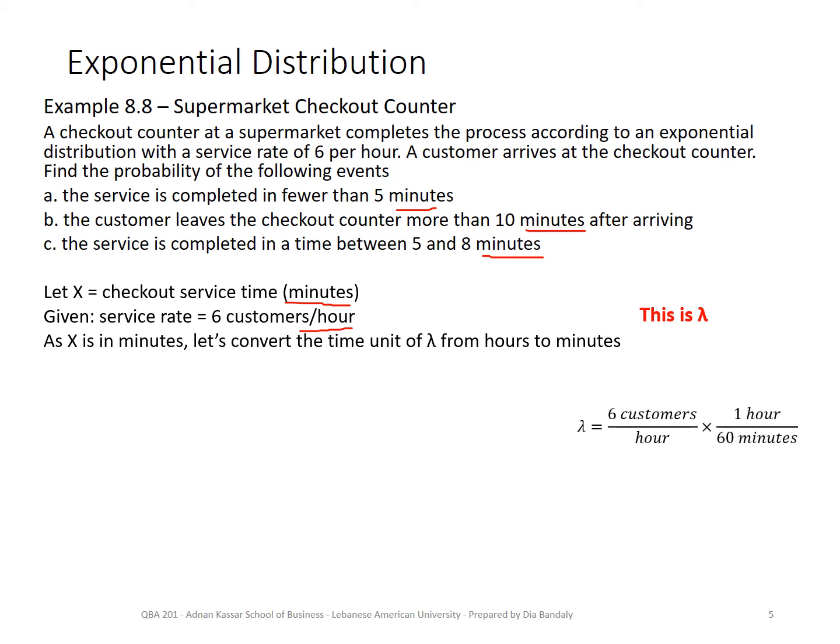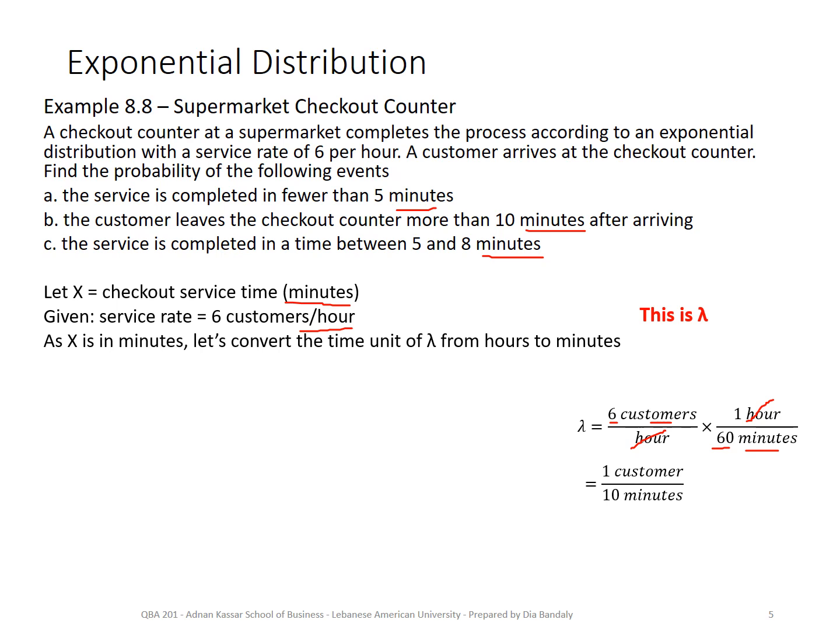We are given that lambda is 6 customers per hour. To convert it, you multiply. I want to get rid of this hour, right? So I multiply by 60 minutes per hour. It's like multiplying by 1, because 1 hour is 60 minutes, but this allows me to get rid of the hour. What will be left is customers and minutes, and I have 6 over 60.